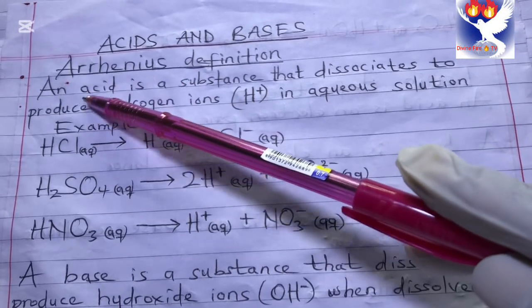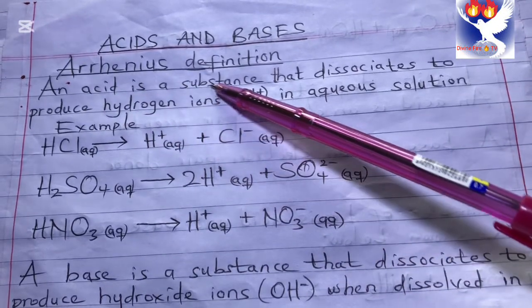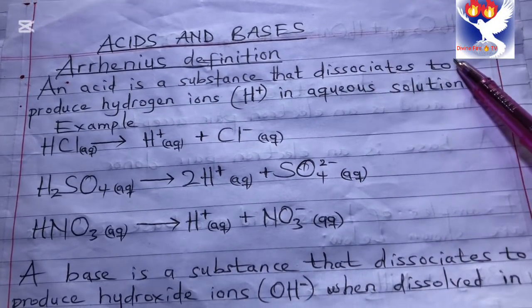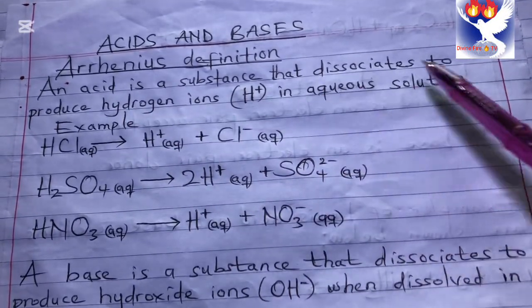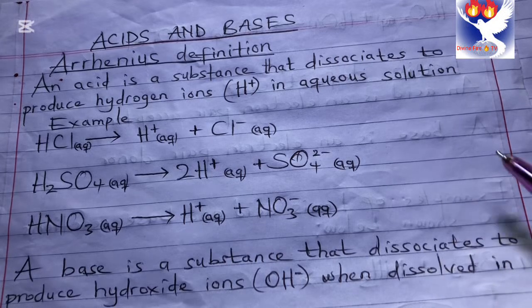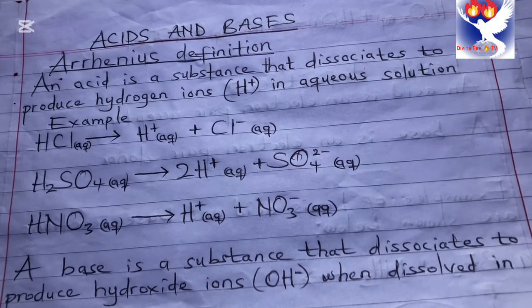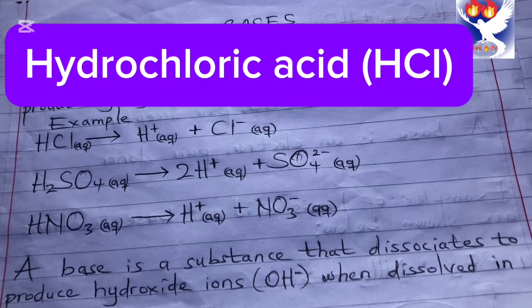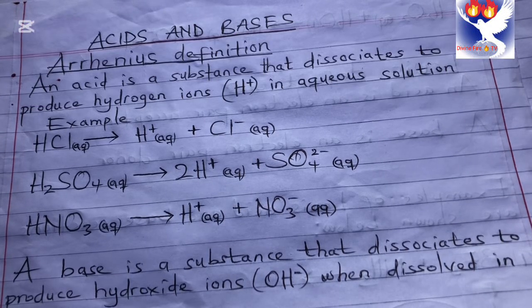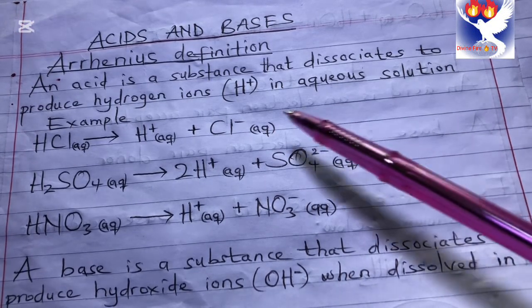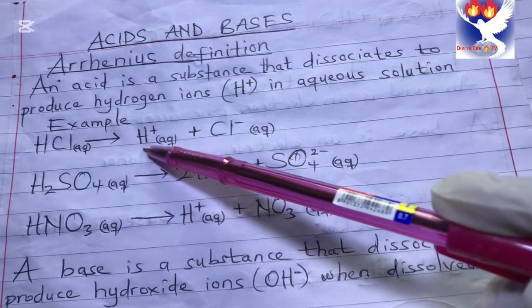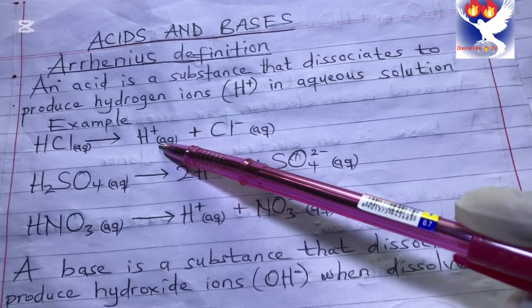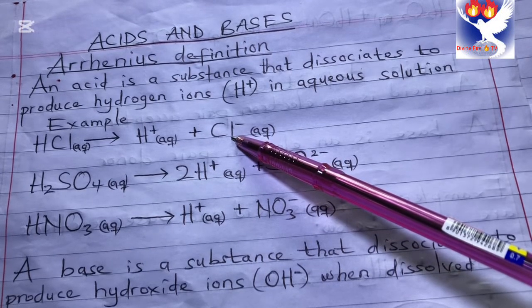Now let's look at an example. Hydrochloric acid, HCl, dissociates to produce hydrogen ion and chloride ion.